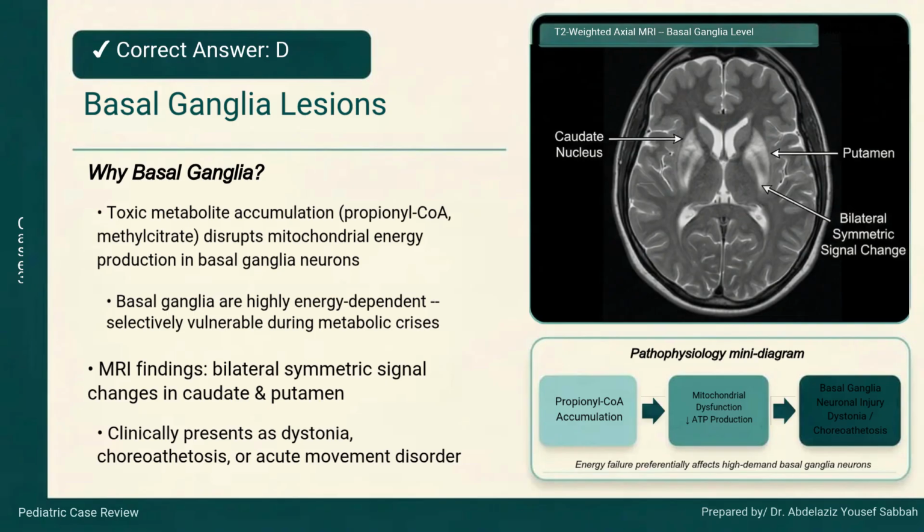Clinically, this presents as dystonia, choreoathetosis, or acute movement disorders. The pathophysiology pathway proceeds from propionyl coenzyme A accumulation to mitochondrial dysfunction with decreased adenosine triphosphate production, ultimately causing basal ganglia neuronal injury. This energy failure preferentially affects high-demand basal ganglia neurons.